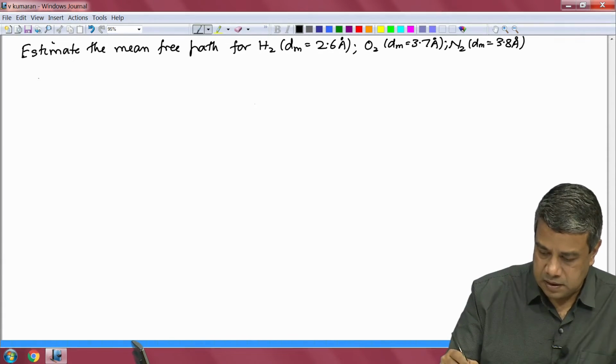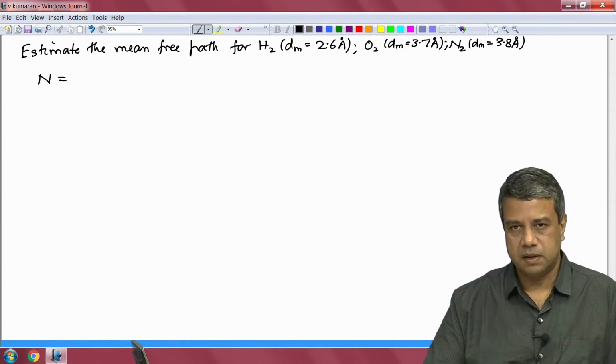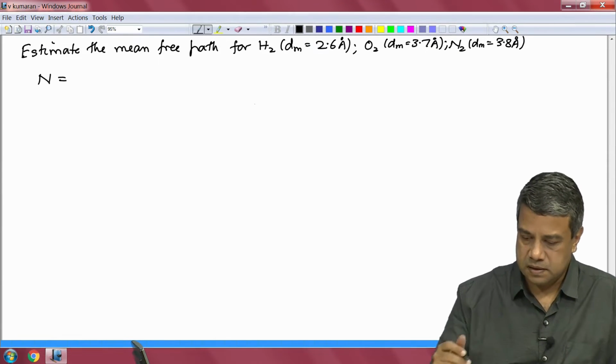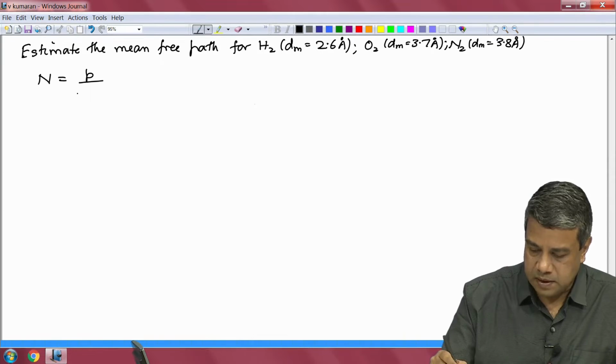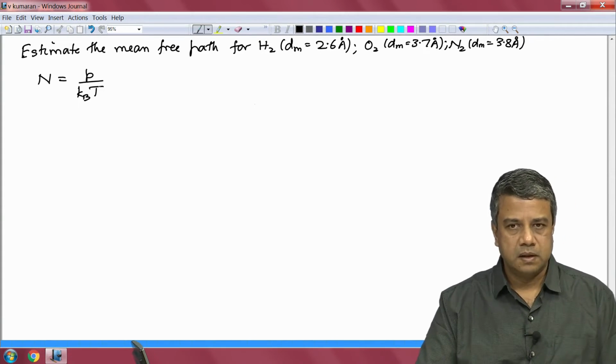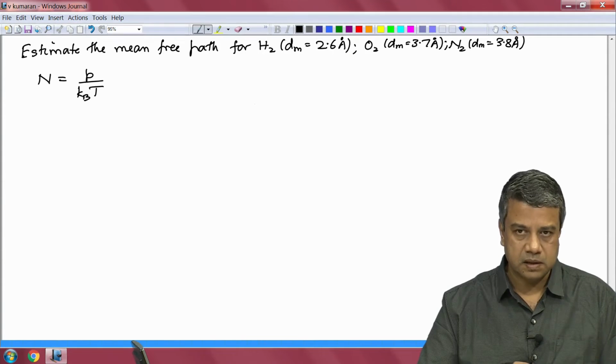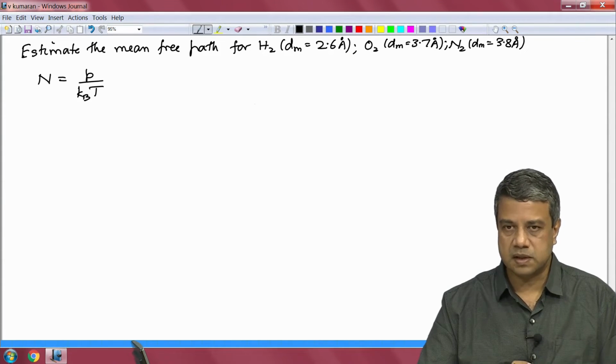The number density, the number per unit volume, from kinetic theory of gases is P by kBT. The number of moles per unit volume is P by RT, while the number of molecules per unit volume is P by kBT, where kB is the Boltzmann constant and R is the ideal gas constant.